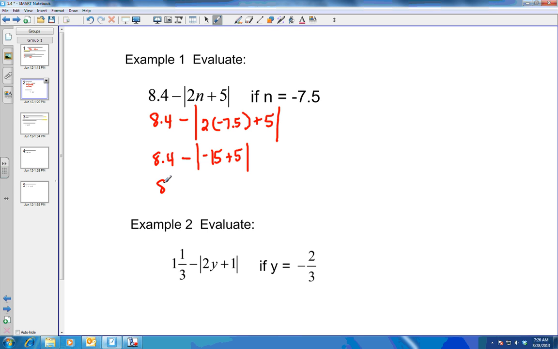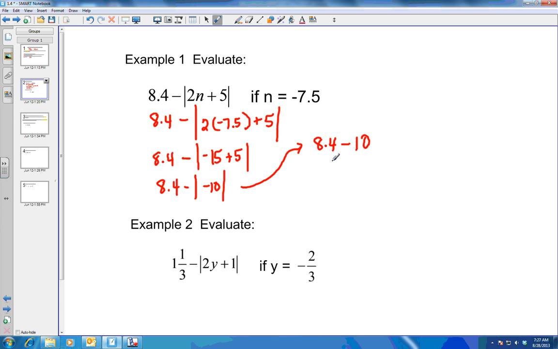And now I'm still only doing what's inside my absolute value bars. -15 plus 5 is -10. And now I still do only what's inside the absolute value bars. I'm not going to say minus a negative makes a positive. Okay, I'm going to bring it over here. I'm going to say 8.4 minus the absolute value of -10, which is now a positive 10.